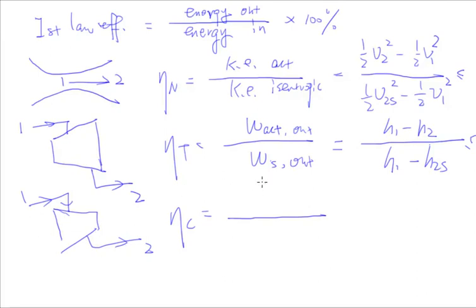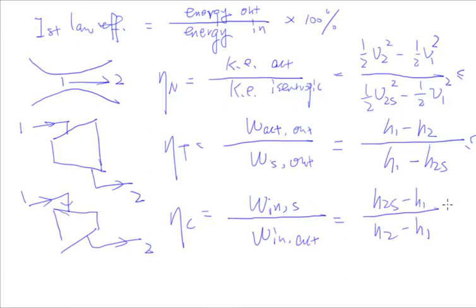So that is defined as the amount of work input during an isentropic process over the amount of work input during the actual process. So that is H2 isentropic minus H1 over H2 minus H1, and that's also less than or equal to 1.